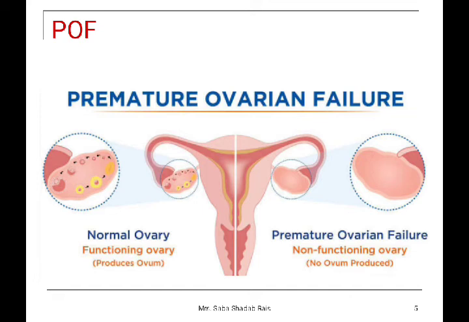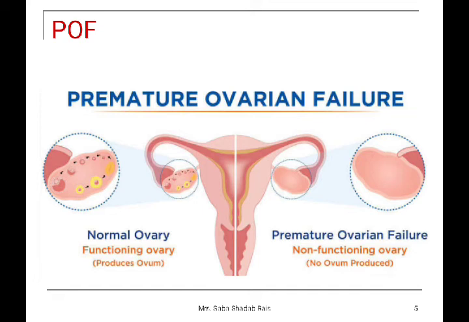Now when it happens, sometimes it exists from birth, or sometimes it occurs during the early teenage. Ovarian dysfunction results in loss of eggs at a young age, and this is not a normal physiological occurrence in POF. Now see, I have compared here.